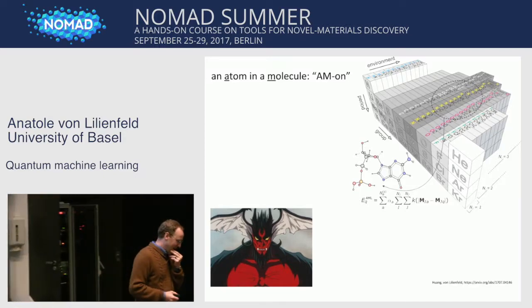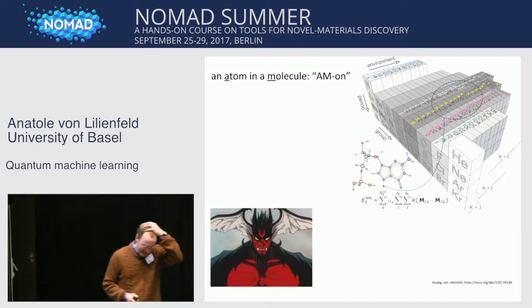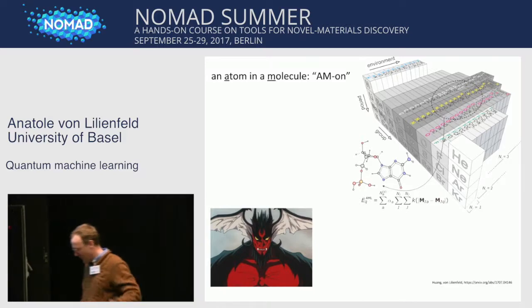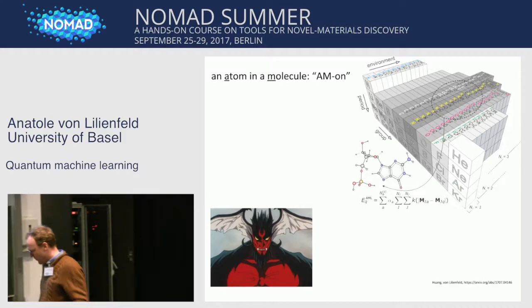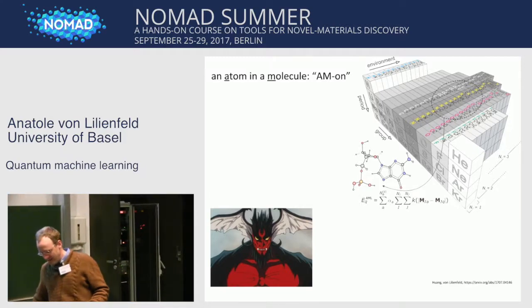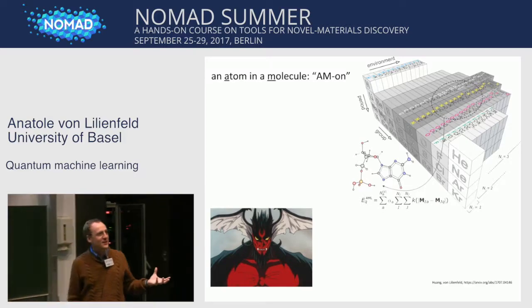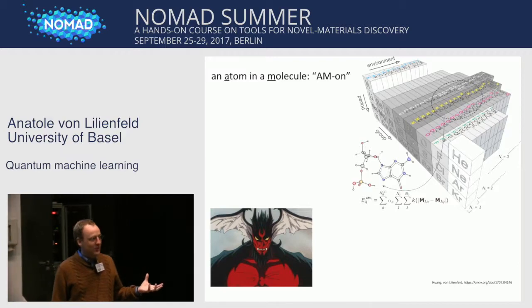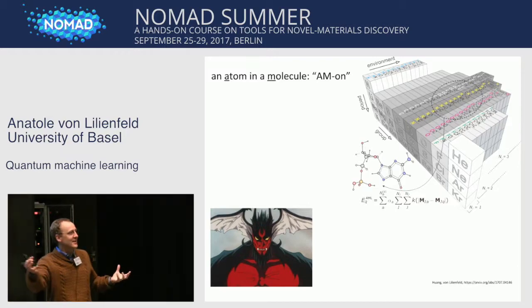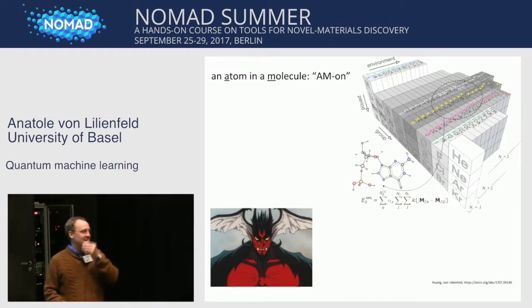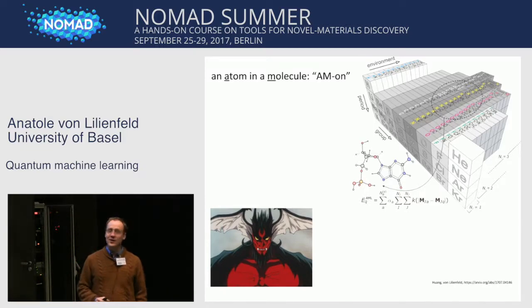So what we had, and this we've known for a long time, Jörg Behler pointed this out, Gábor pointed this out, and many people have, is that you can use an atomic representation. And that means in principle you should be able to make this scalable. Right? That's exactly what we are trying to do here now.